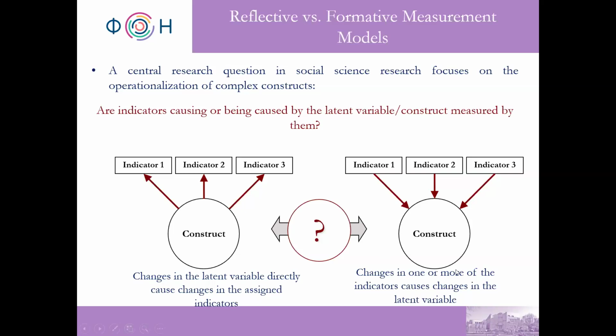So changes in one or more of the indicators cause changes in the latent variable. Depending on the direction of our relationships, we have reflective and formative models. Both of these models can be created and assessed using PLS-SEM.